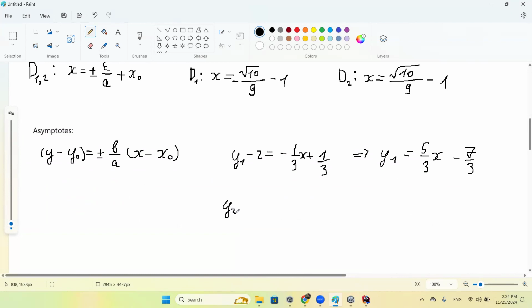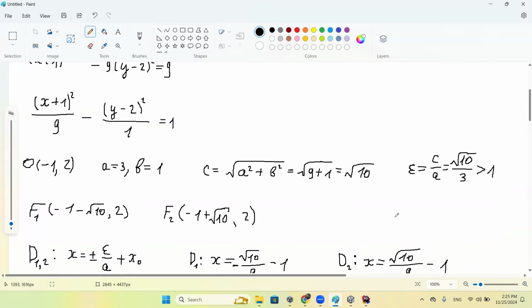Then y2 minus 2 equals 1/3 x plus 1/3. So y2 equals 7/3 x plus 7/3, if I don't confuse anything.